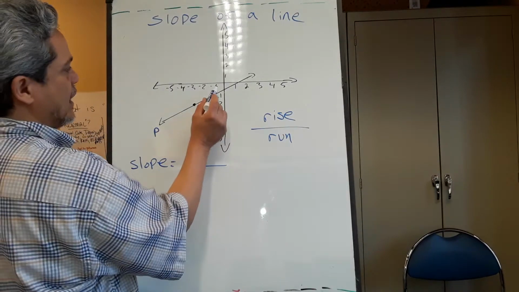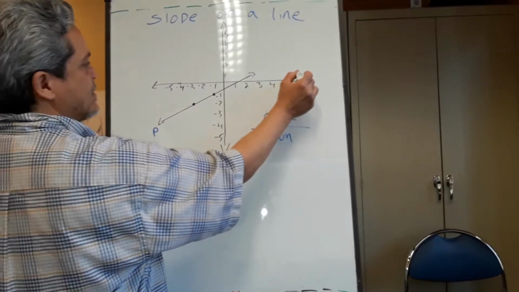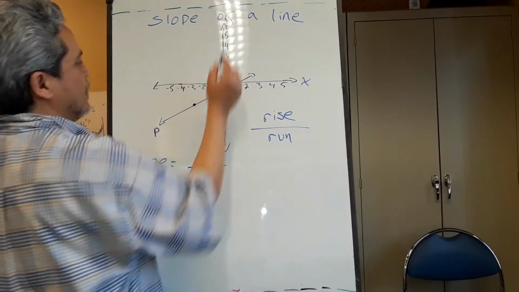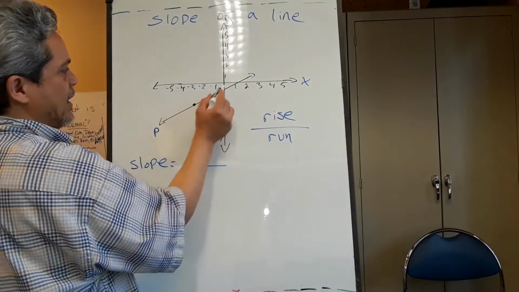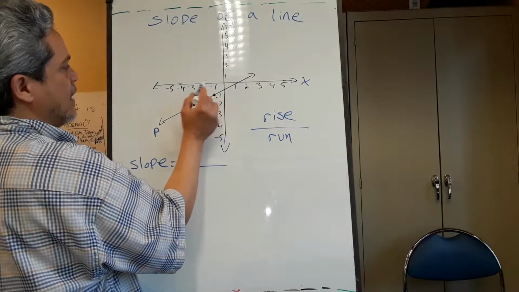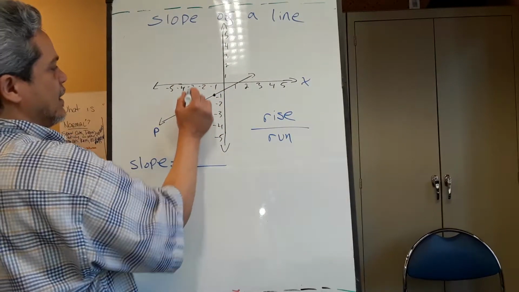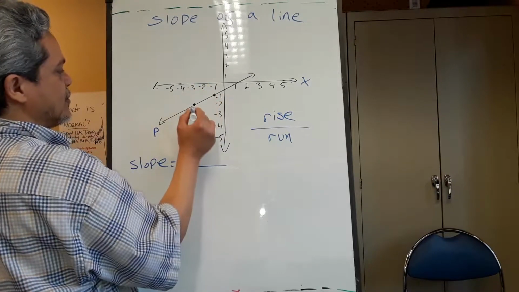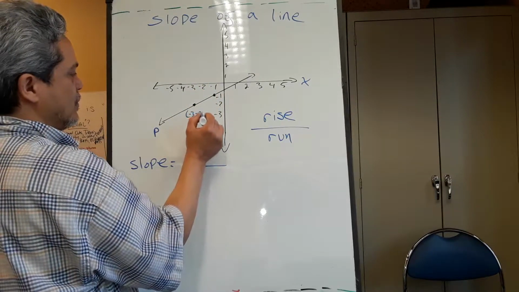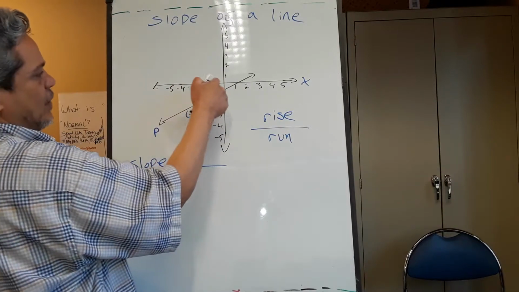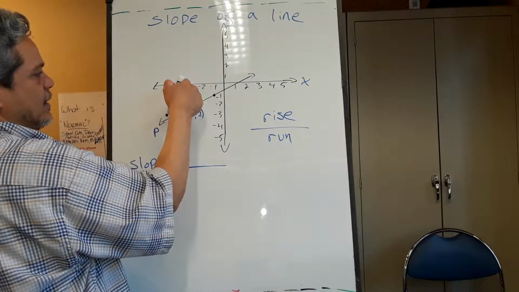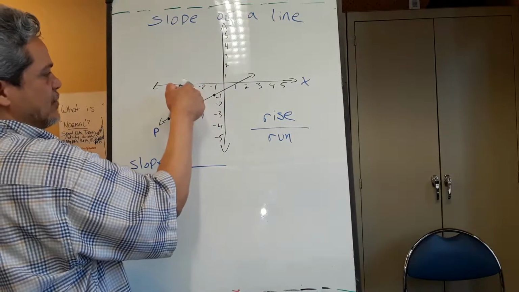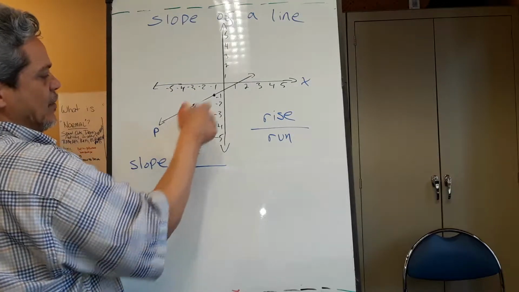We start at the x-axis. This point right here is 1, 2, 3, so -3, and then down 2, so -2. That's this point here: 3 on the x-axis, and down 2 on the y-axis.